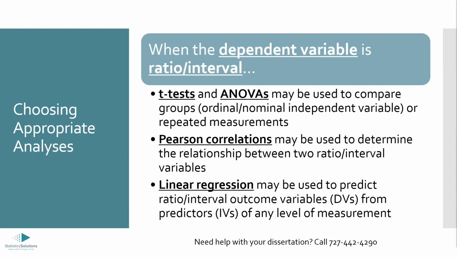And then if we want to do an analysis with prediction, so if we want to predict a ratio or interval level outcome, then we can use a linear regression. And for a linear regression, our predictors or independent variables can be essentially any level of measurement.